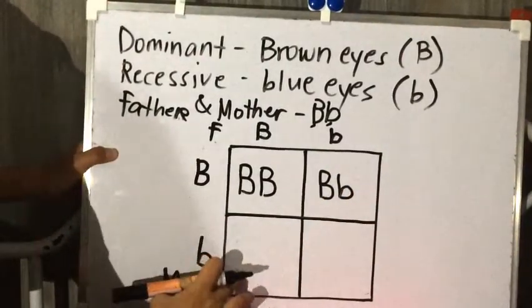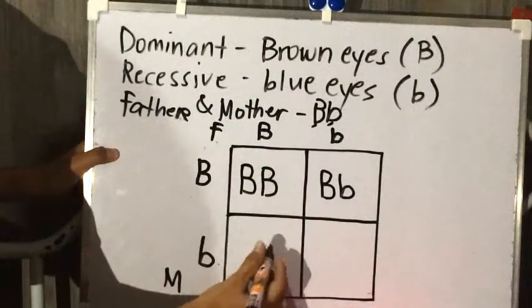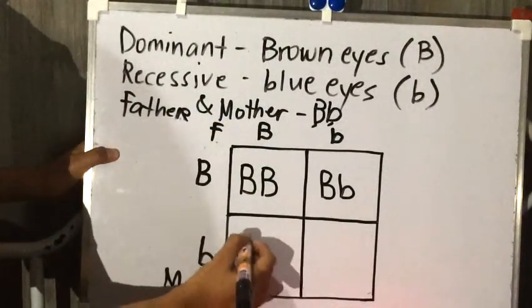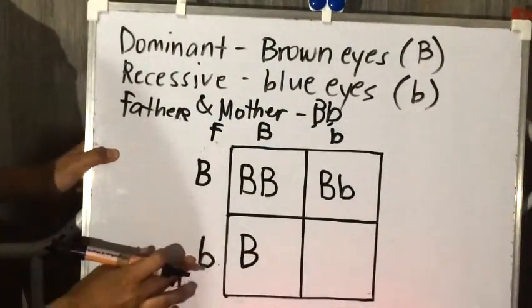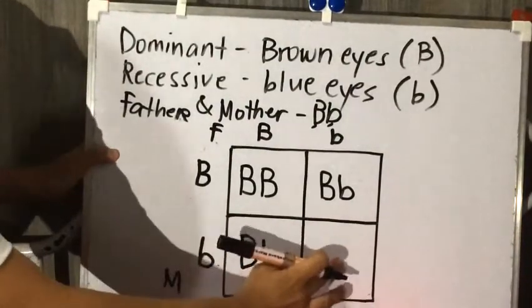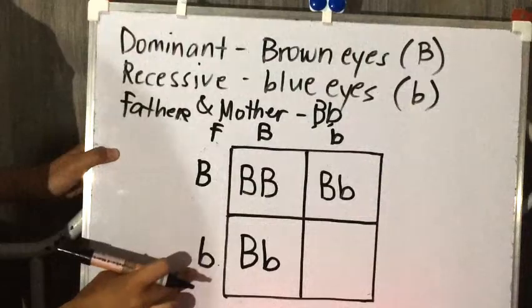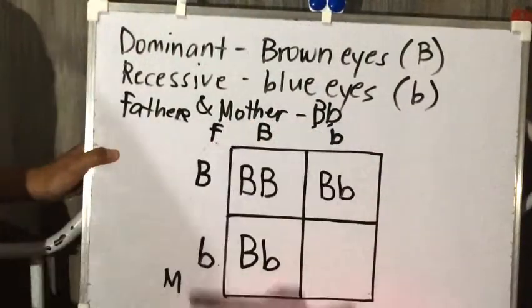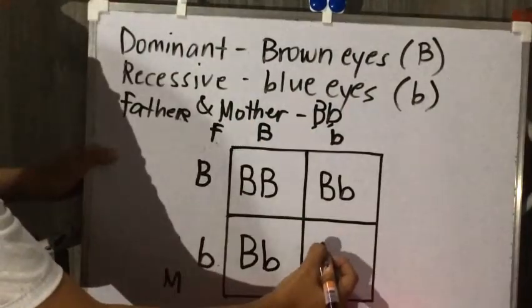Next, for the third quadrant, we have a dominant trait. Dominant trait lagi yung inuuna natin sulat. Next is recessive. And for the last quadrant, we have both small letters, so both are recessive.